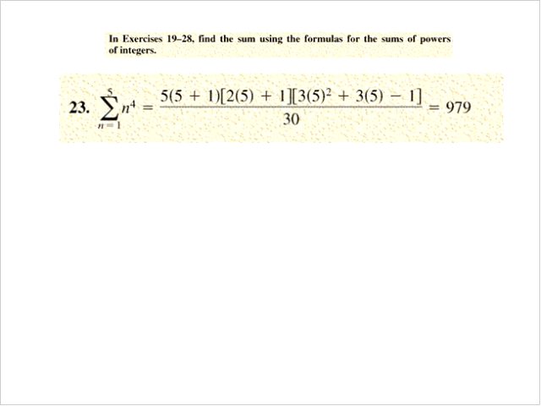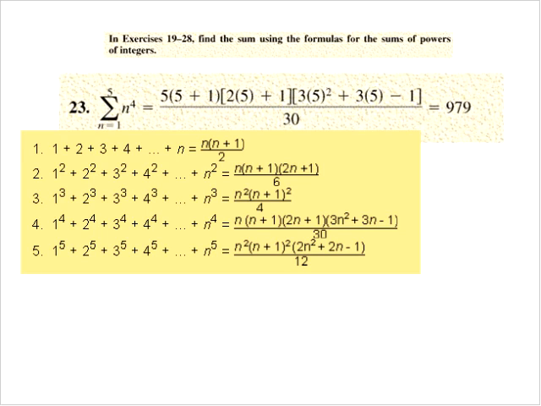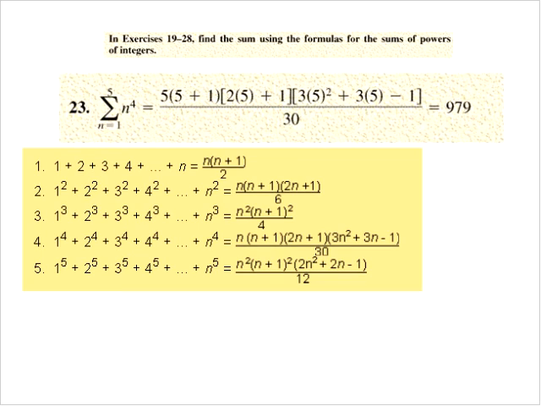Okay, and then the last one, it says find the sum using the formulas for the sums of powers of integers. All right, and this was taken directly from the lesson, so let me just copy and paste that real quick for you. It's the magic of technology here. I was able to copy and paste these sums for you.